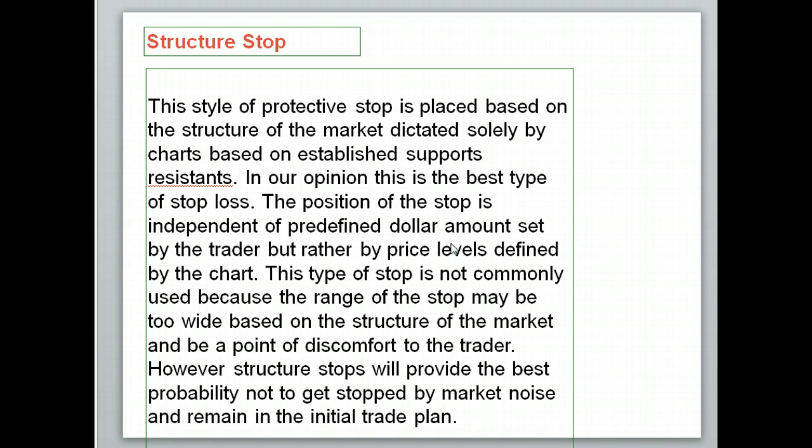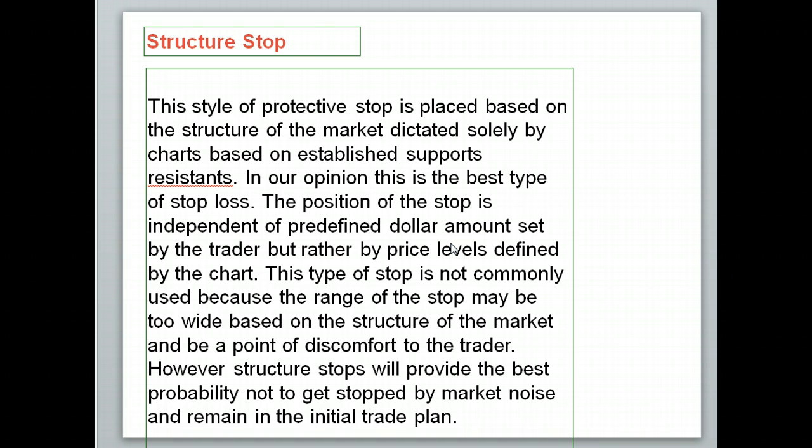And that's what's the most important. You want to stay in the game, not getting stopped out and lose money for no reason, only to see your trade to be totally right. And this, the structure stop, will provide you the best opportunity to remain in the trade.